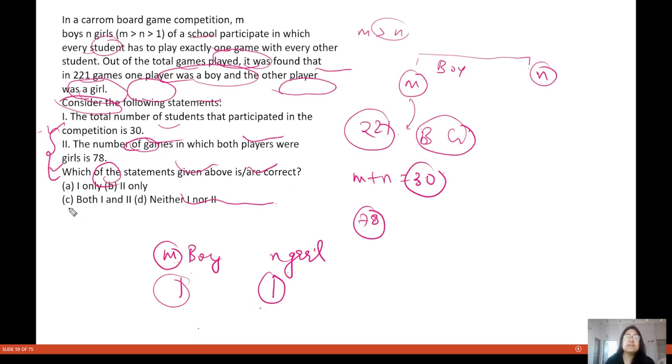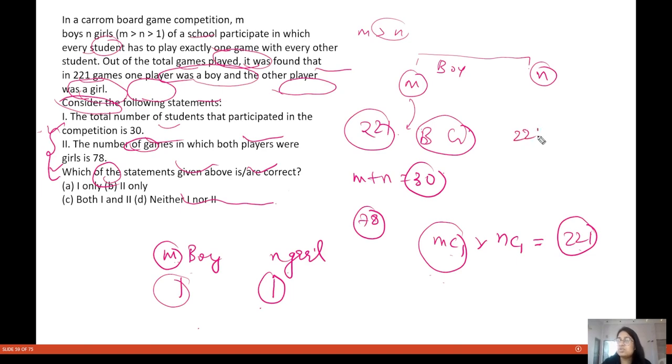So this says that MC1 into NC1 is equal to 221, because you can choose one boy from m boys in MC1 ways, and one girl in NC1 ways. Now let us consider this 221.